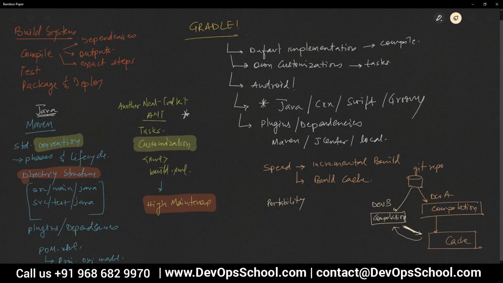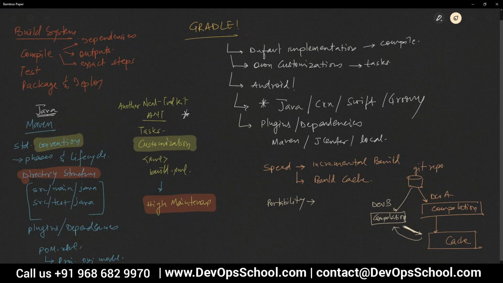Now, to work with Gradle, you need to install Gradle. But Gradle also provides a wrapper which you can check into your source code repository, which enables you to run a Gradle build without even installing it. So no need to worry about installation of your Gradle binary. It can run anywhere then. So portability is high. So this is one advantage.